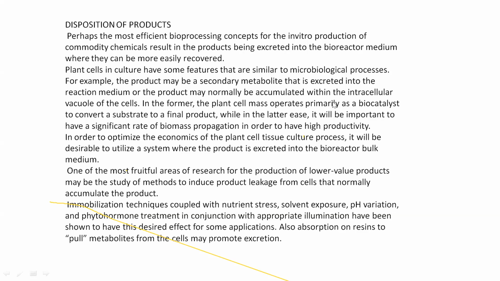Otherwise, you have to break open the cell, you have to grind the cell, and then the compound has to be extracted. You have methodologies for that also, but when it is excreted into the medium, it is easier to recover it. So normally you have many methodologies to separate the secondary metabolite from the medium. So you can use that.